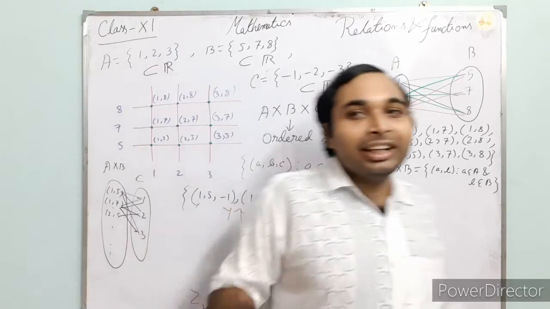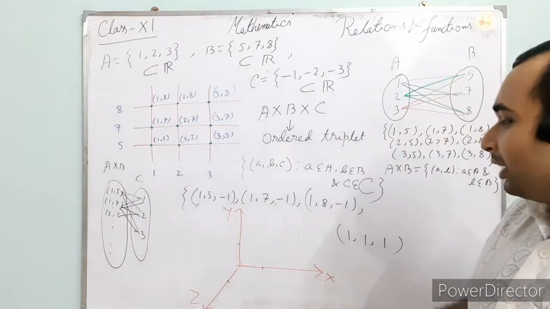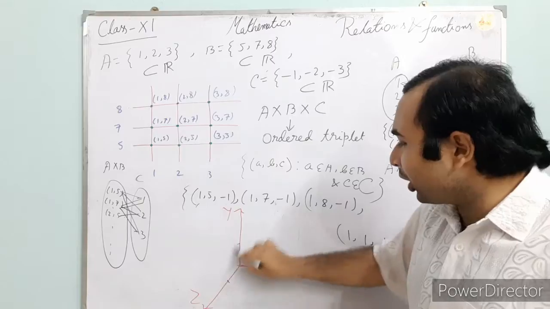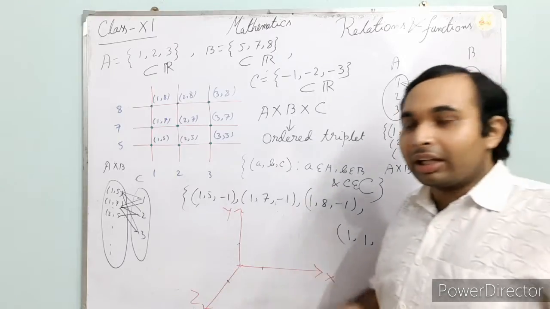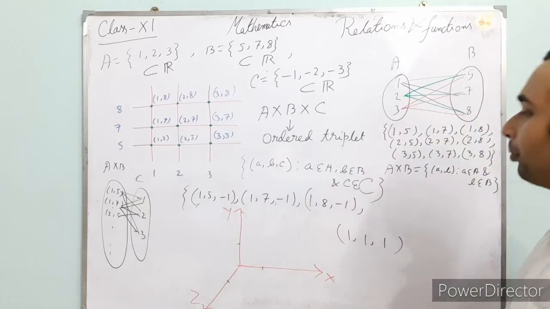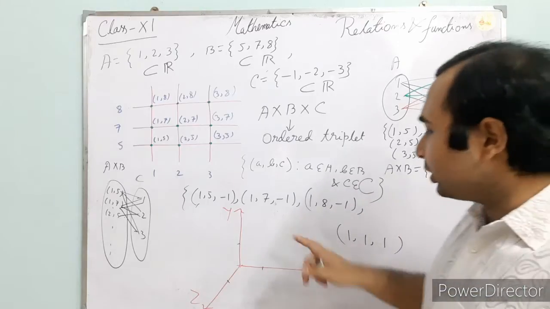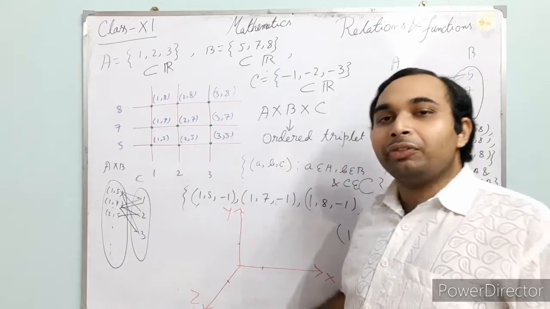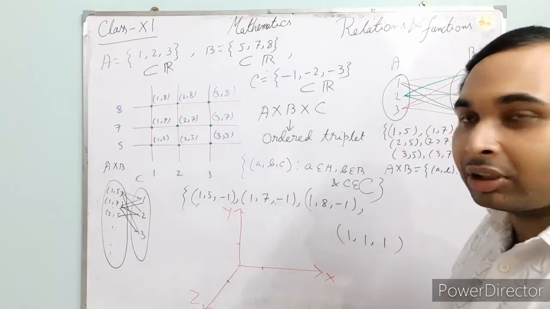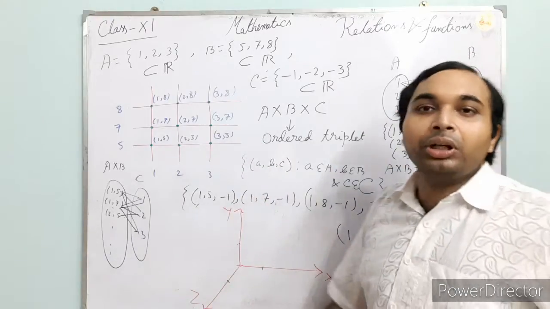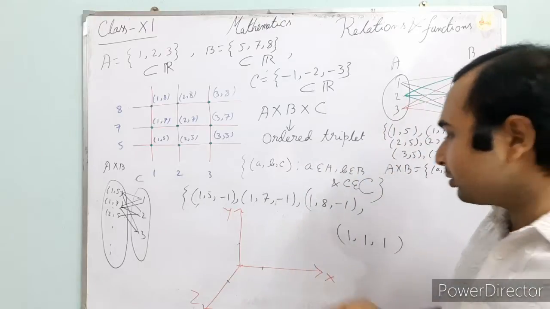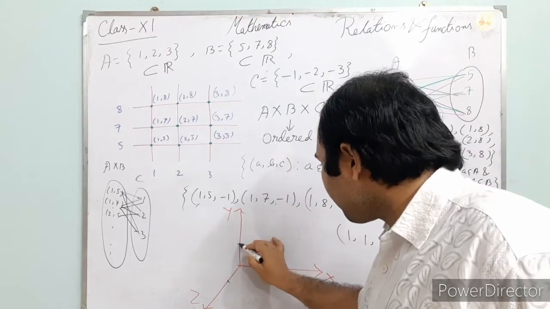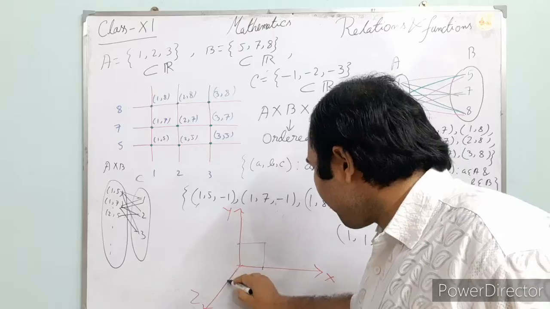This is not the simple coordinate geometry where you can just join those and other figures will form. This is not two-dimensional, this is three-dimensional. So a three-dimensional figure will be there, and a three-dimensional figure cannot be drawn exactly on a two-dimensional surface because the board is two-dimensional. Let me draw this one.